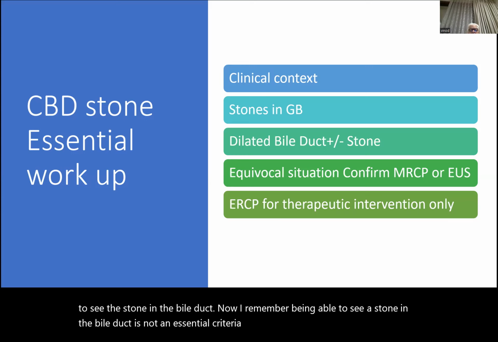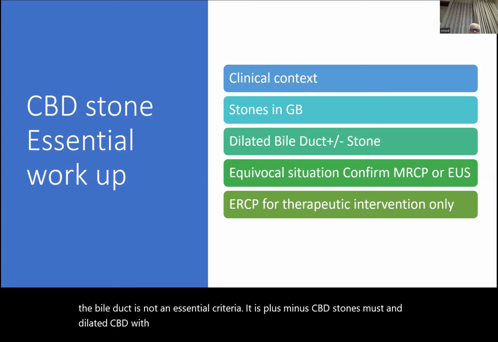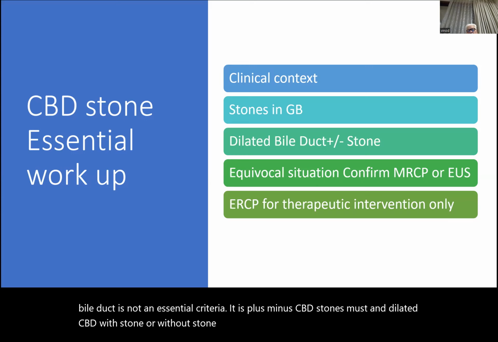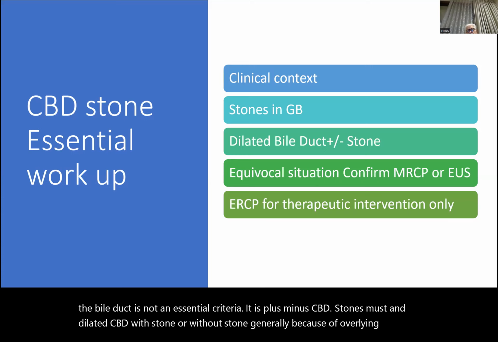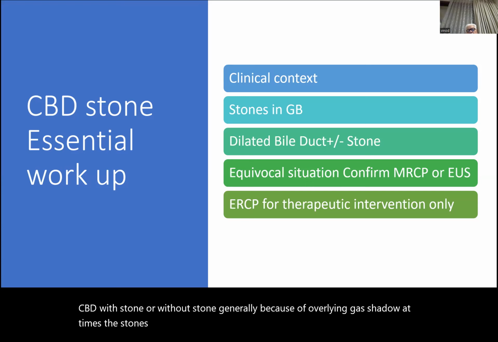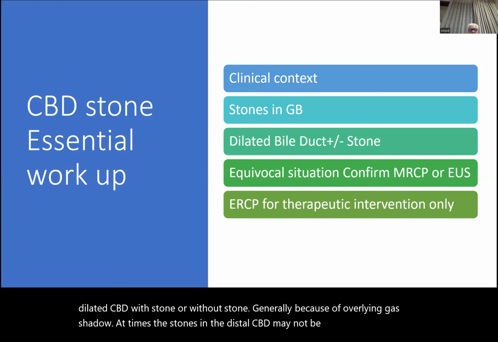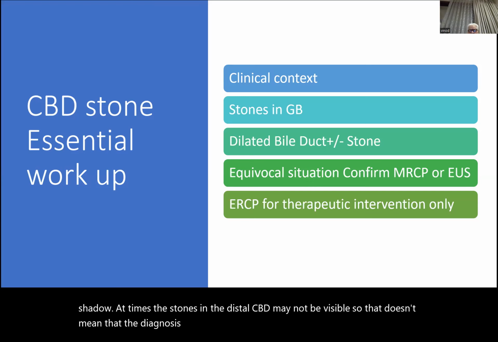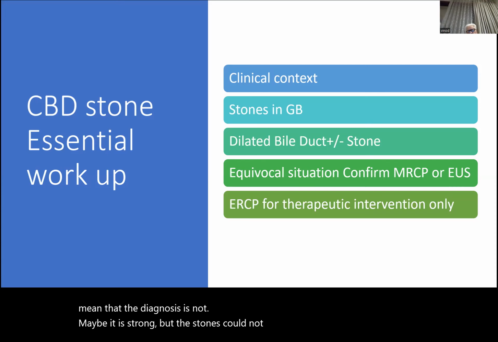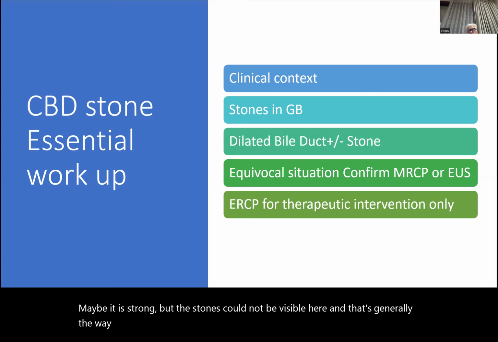It is plus minus. Dilated CBD is a must, with stone or without stone. Generally, because of overlying gas shadow, at times the stones in the distal CBD may not be visible. So that doesn't mean that the diagnosis is not CBD stone, but the stones could not be visible here. And that's generally the way we look at a patient with a possible or probable diagnosis of CBD stone.